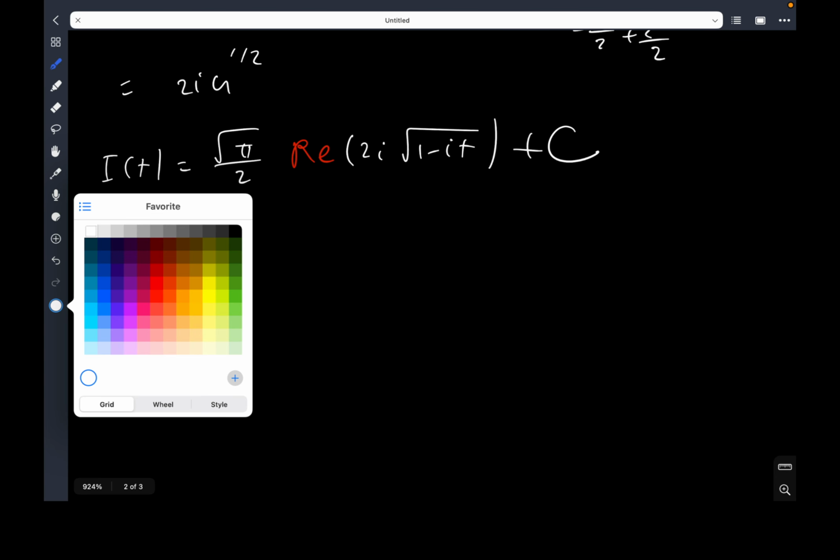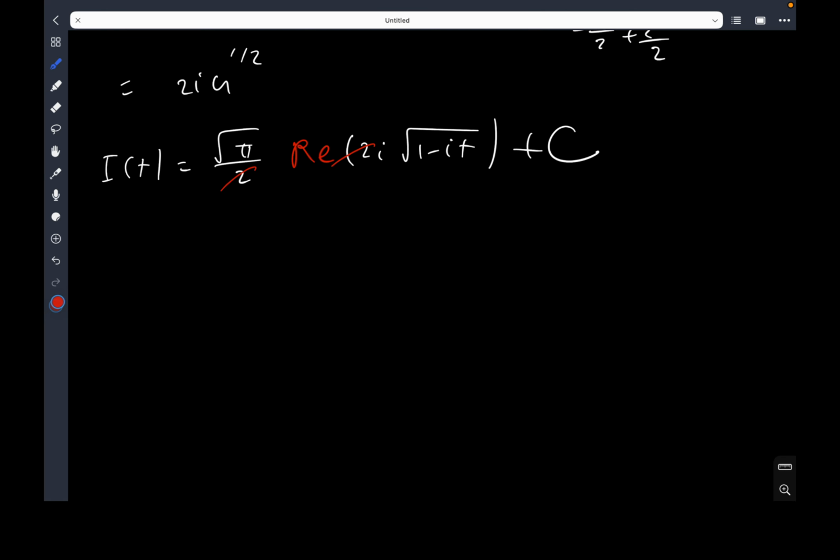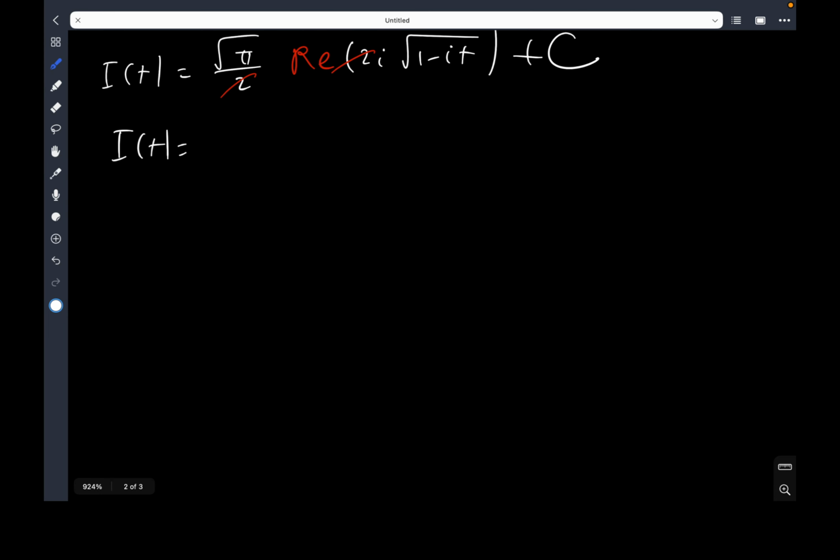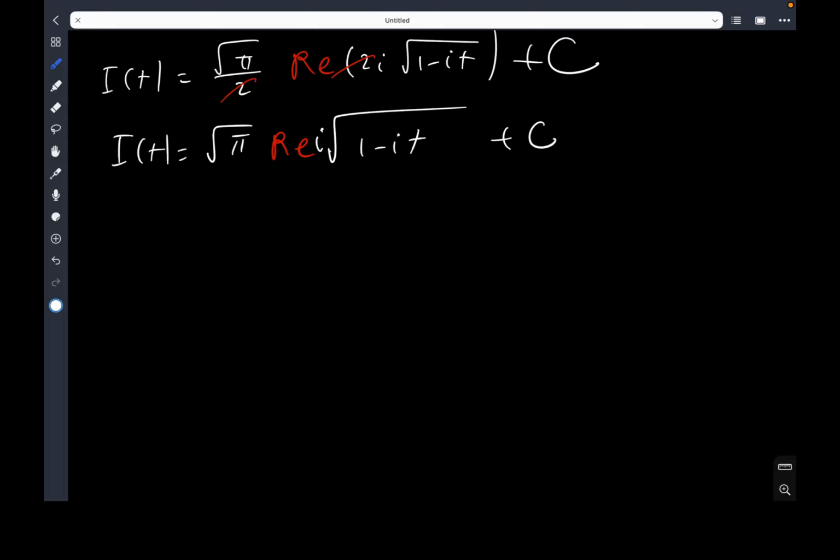These 2 and these 2 are going to go away, and I'm having I of t equals root pi, the real part of i root 1 minus it plus c. Sorry, I forgot i here. I'm not going to find the constant c here for you, it's going to make the video too long. But just a hint that I'm going to give you is plug in t equals 0.